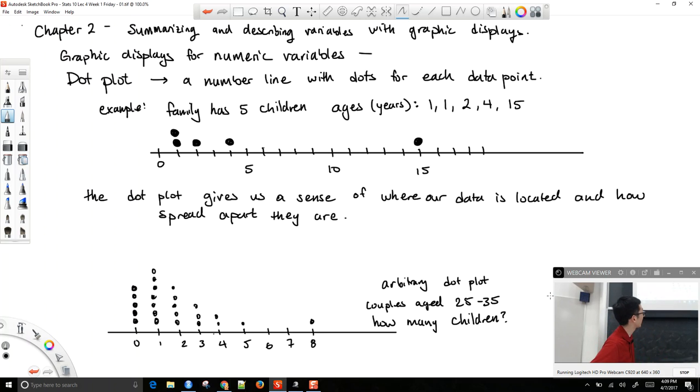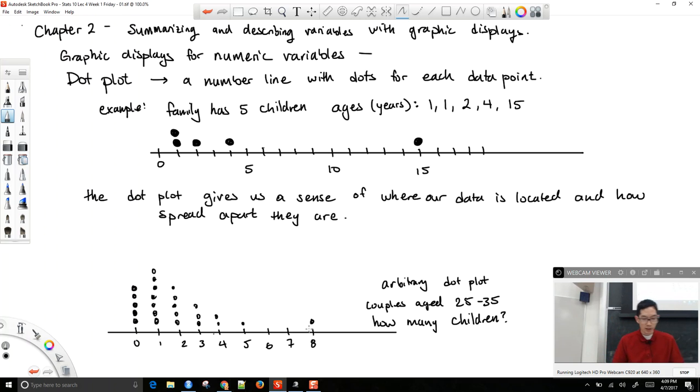And maybe these are the answers that we got. We can get a sense that most of these couples have 0, 1, 2, or 3 kids, but a few have more than that, and we have one couple that has 8 kids.